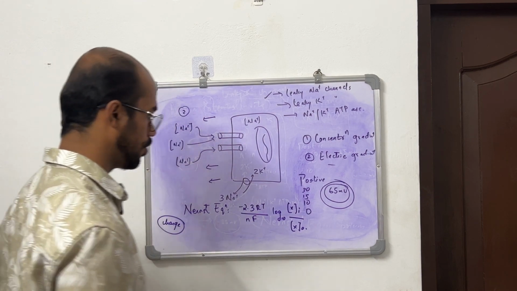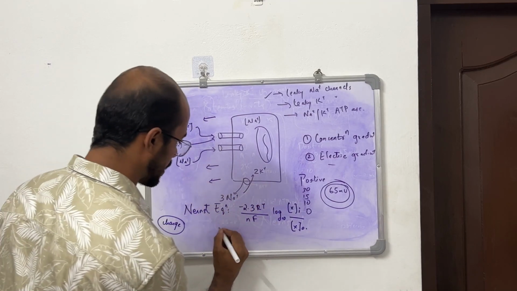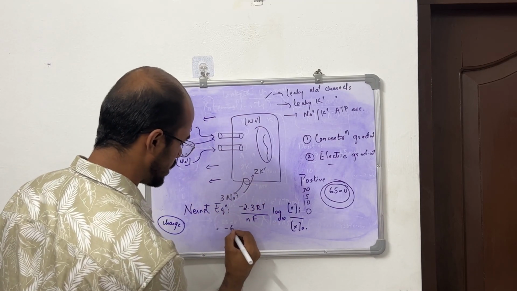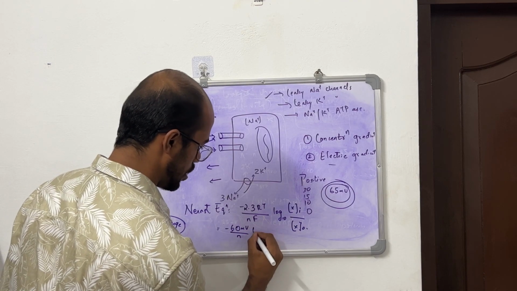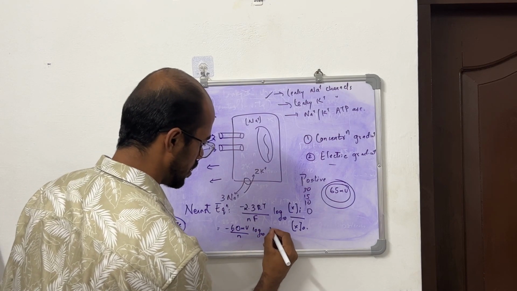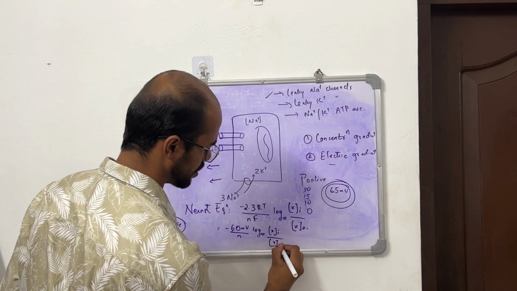When we simplify all these constants, it becomes around negative 60 millivolt by N log to the base 10 concentration of the ion inside by concentration of the ion outside the cell.